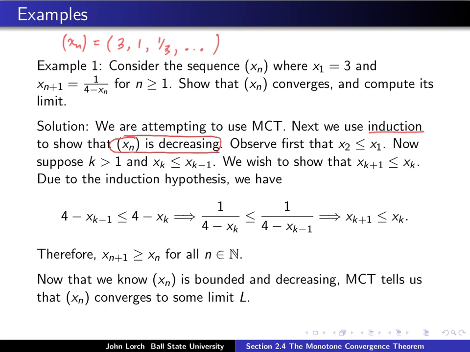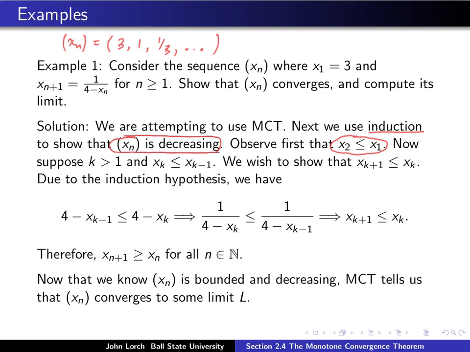So the first thing we do in induction is we have this base case. Does the desired inequality work at the very beginning? And notice that x2 is indeed less than or equal to x1. So now we move on to the induction step.